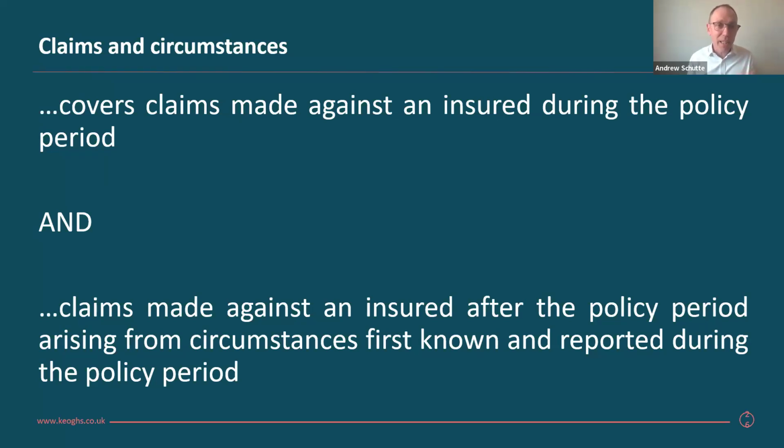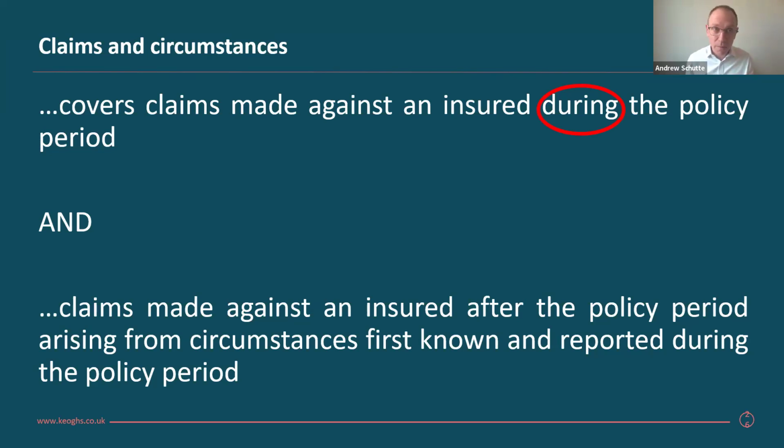So what we're covering under claims made cover fundamentally is claims that are made by a third party against the insured, against the policyholder during the policy period and notified to insurers. So we're covering claims made during the policy period, hence the name.